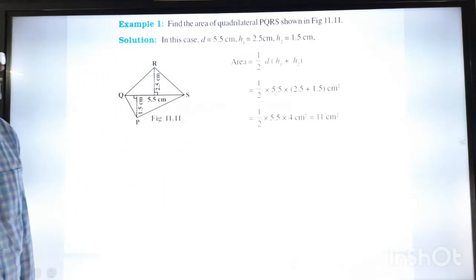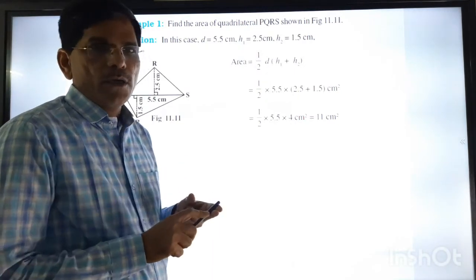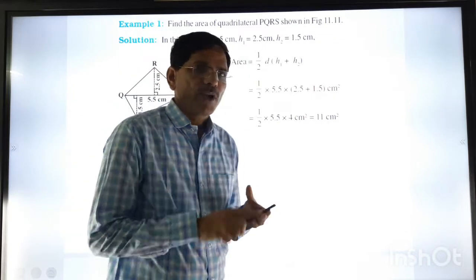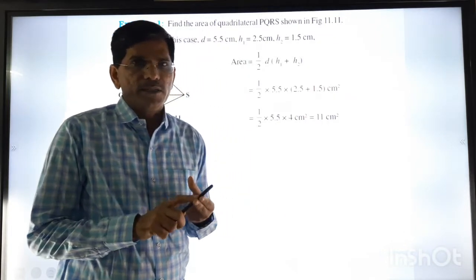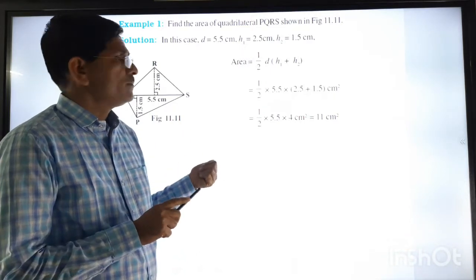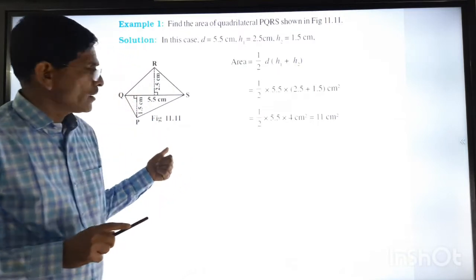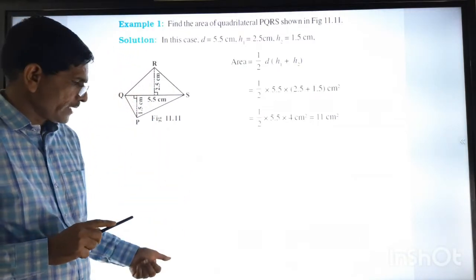So that is the second formula. The first formula we have already learned: area of trapezium is half into h (a plus b). Another is the area of quadrilateral, that is half into diagonal in bracket h1 plus h2.